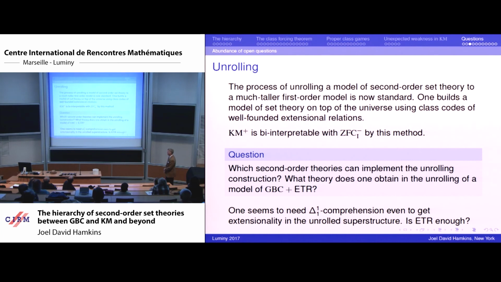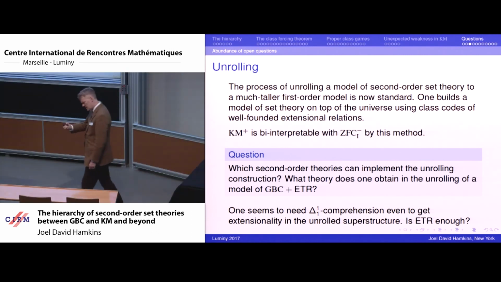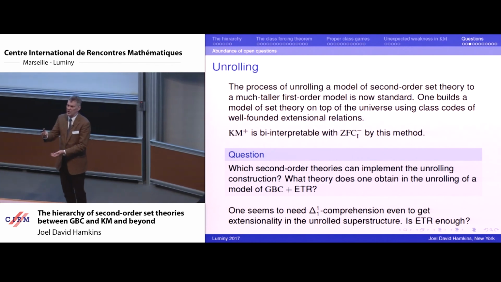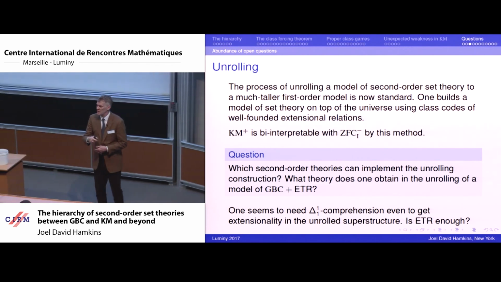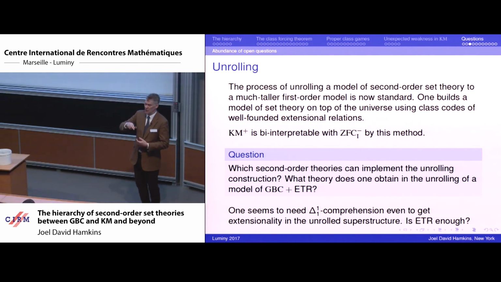So another is the unrolling construction. So this is the process of unrolling a model of second order set theory to a much taller first order model. So just like reals can code hereditarily countable sets, you can have class relations code some extensional well-founded relation. They're coding some kind of superset on top of the universe.